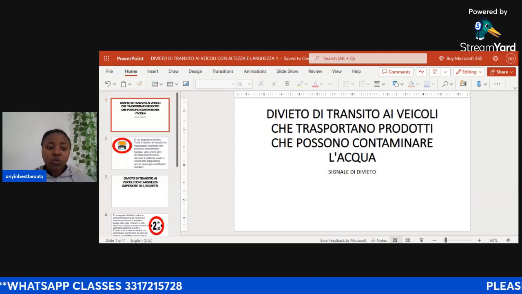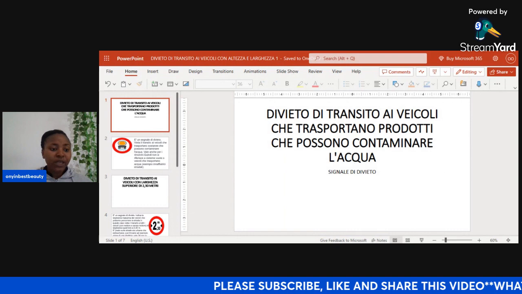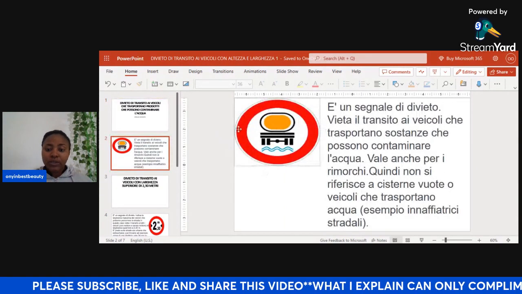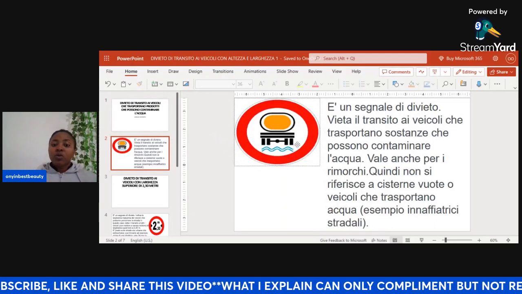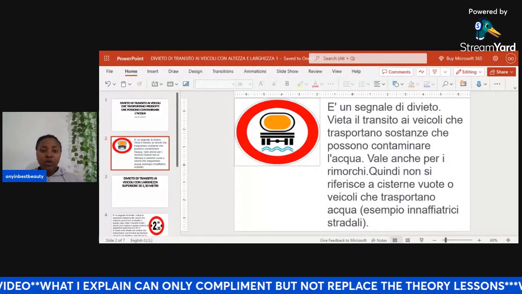So what is divieto di transito ai veicoli che trasportano prodotti che possono contaminare l'acqua? We're going to see this particular vehicle now. On seeing this sign on the road, what does it tell you? What comes to your mind?